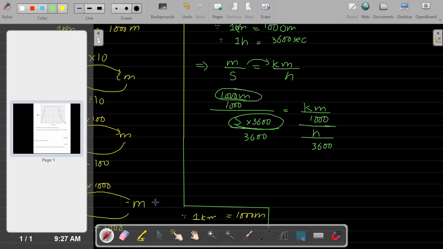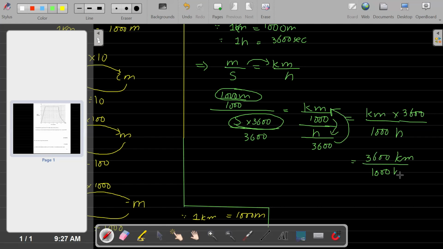Fraction over fraction, it becomes kilometer over 1000 hours. Now see, the fraction over fraction, this one has to come here and this one goes up to the numerator. So 1000 hours times 3600, it will become 3600 kilometer over 1000 hours. Fatma, now let me know if this method is hard, then I can explain an alternative.